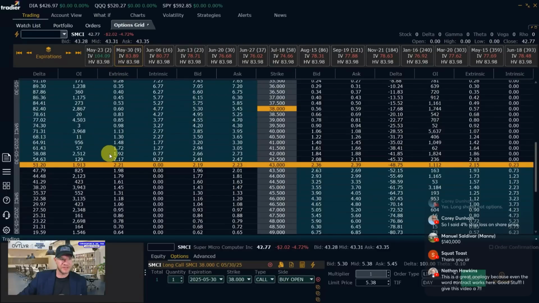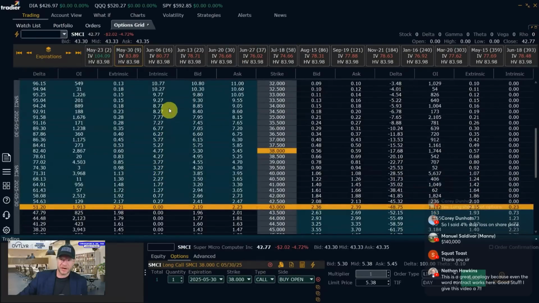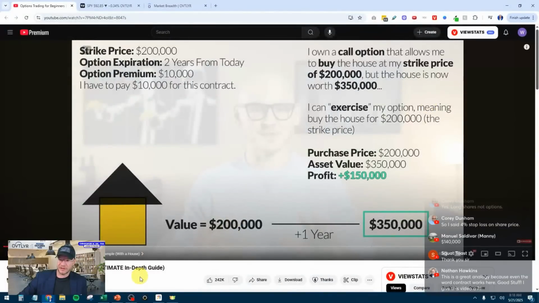We're minimizing extrinsic because this works against us, and maximizing intrinsic because as the price of the stock moves up, the more intrinsic value we get. And you can see right here, 27 cents, $4.77, $10.77. This is the value of that contract. This is what we're trying to maximize. And that's the difference between the 200 and the 350.